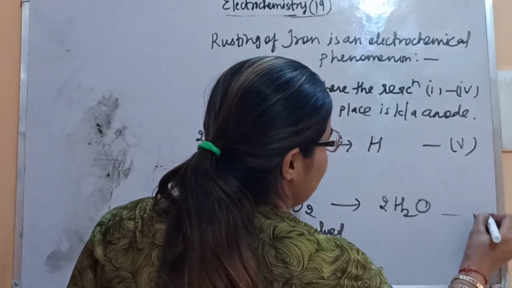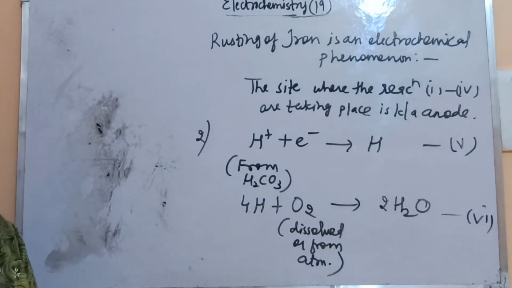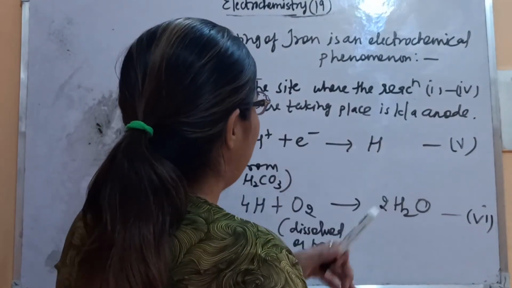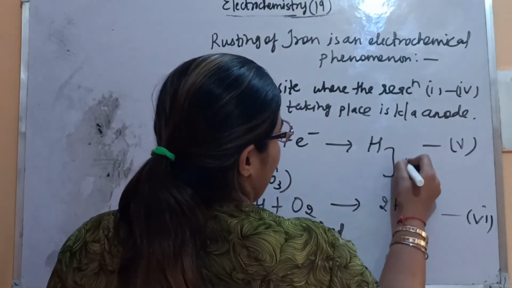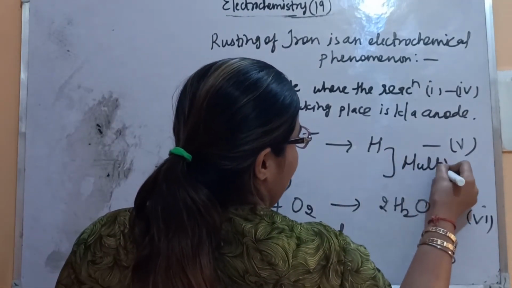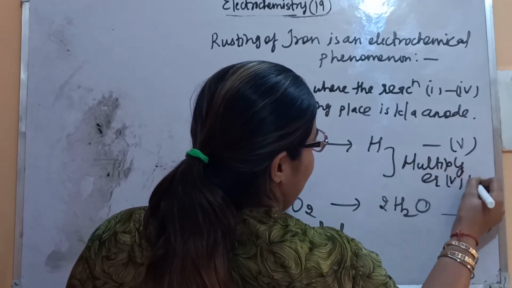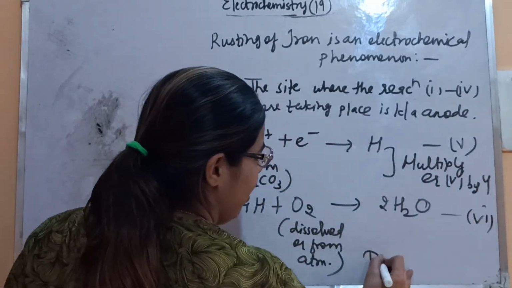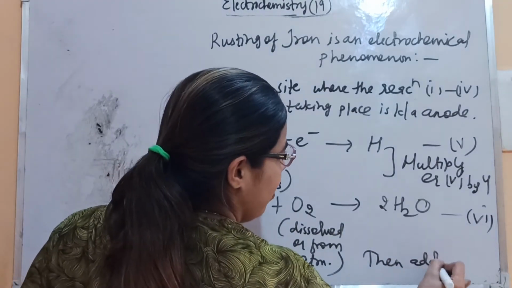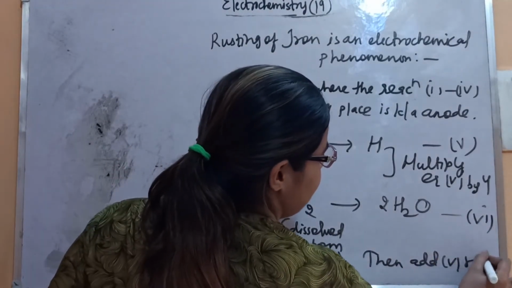Say this is the equation 6. Now multiply equation 5 by 4 and then add 5 and 6.